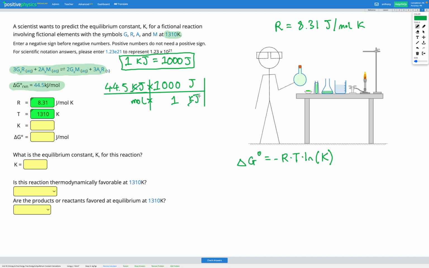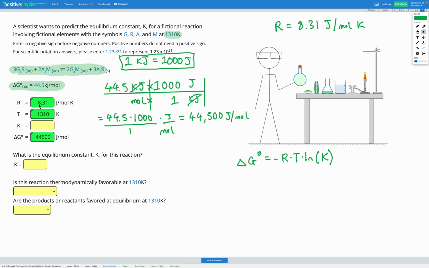So the kilojoules is going to cancel out, and we're left with 44.5 multiplied by 1,000 divided by 1 joules per mole. So if we put that into a calculator, we're going to get 44,500 joules per mole. So let's go and fill that in now.